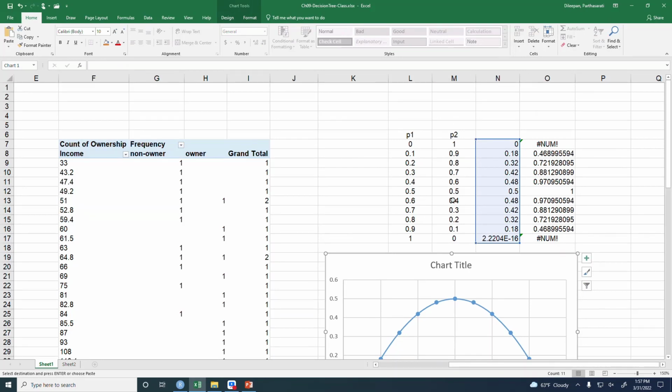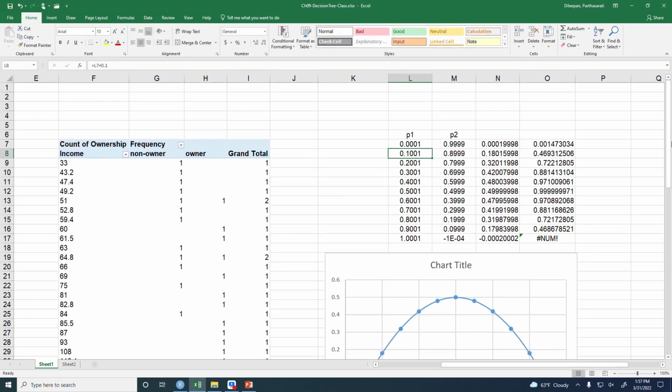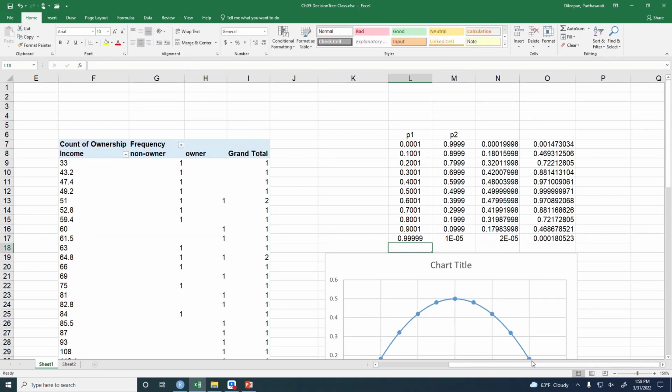So because of P sub 1 being 0, you get an error, and in the last case, P sub 2 being 0, you get an error. So let's make this slightly different from 0, and let's make this one 0.9999, so that we get some number and there is no error.